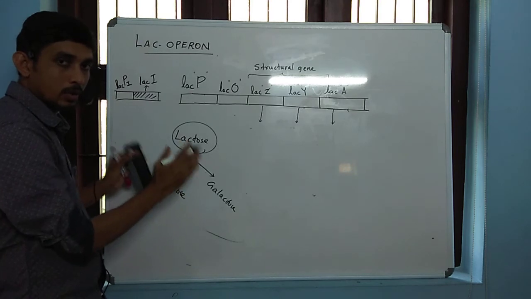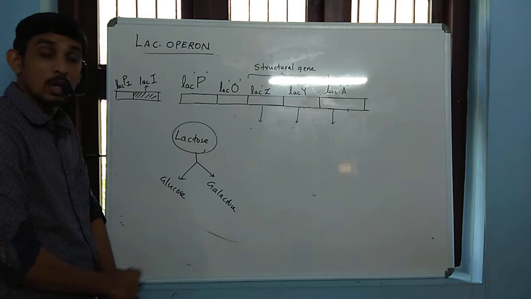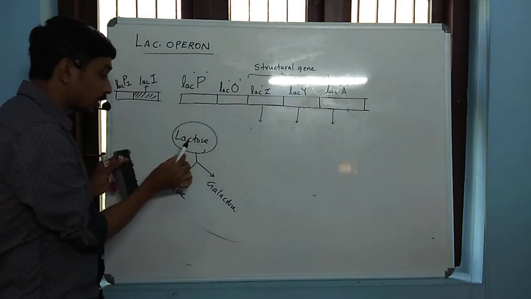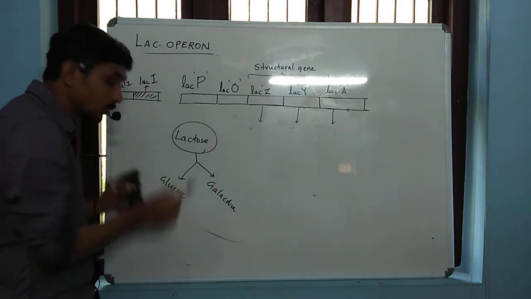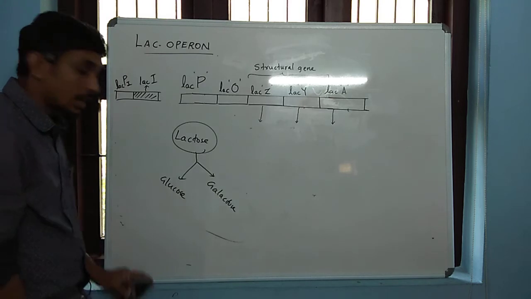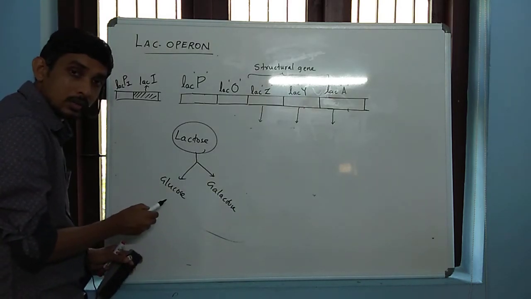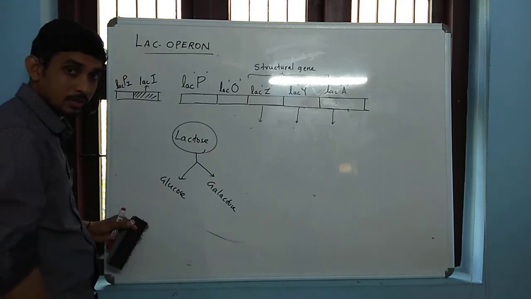So the lac operon is an operon which helps in the catabolism of lactose into glucose and galactose. The resultant glucose can be used by the cell to produce energy through glycolysis.